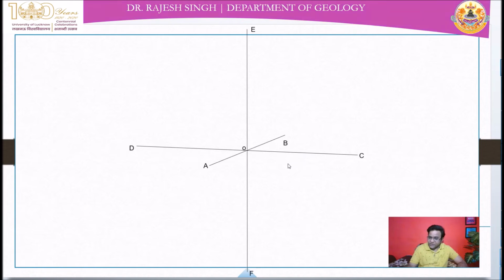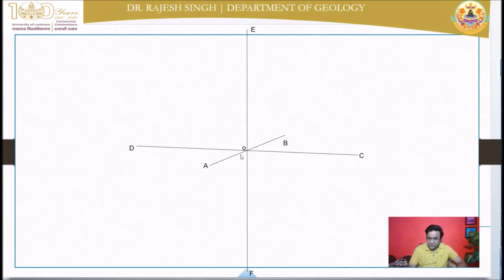But here I am going directly to mark the midpoint of the positive and negative sides of each axis. It means the midpoint of OC, midpoint of OD, midpoint of OA, midpoint of OB, midpoint of OE, and midpoint of OF.